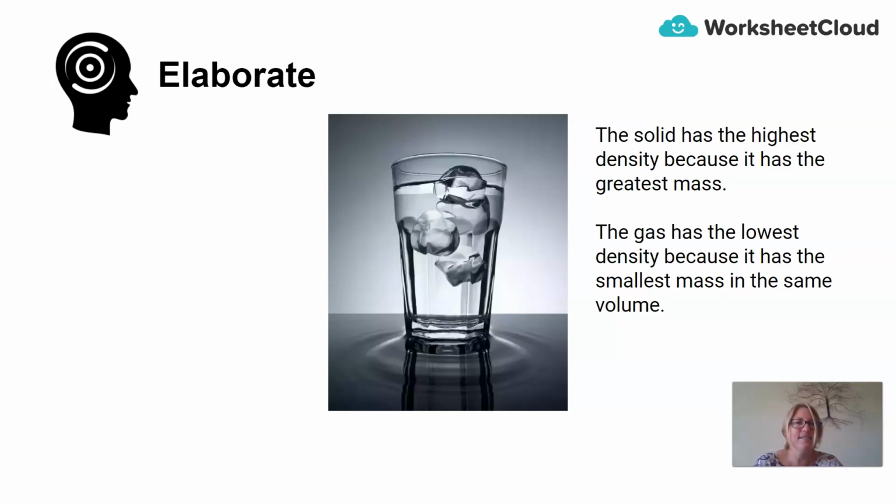Because ice is a solid and water is a liquid, and we would expect ice to have a greater density than the liquid. If you want to find out the answer, you need to listen to tomorrow's lesson. So why does ice float on water? I'll be telling you tomorrow.